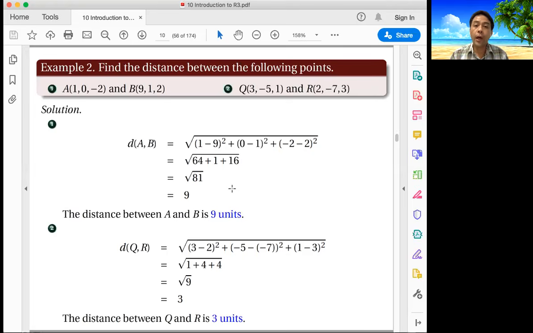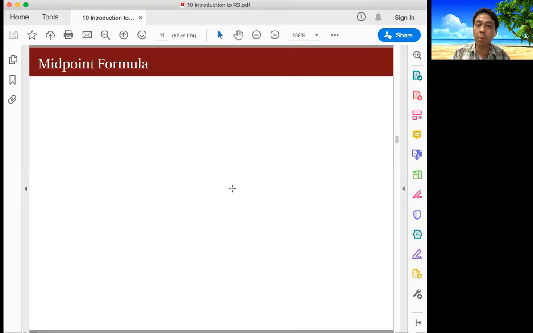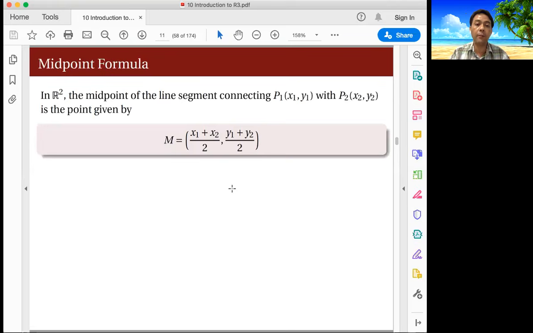Now, another thing that we consider between two points is, if I have a line segment connecting the two points, what is the point in between, or what is the midpoint? In two-dimensional space, we have the formula for the midpoint of the line segment joining two points, and that is given by the averages of the x's and of the y coordinates.